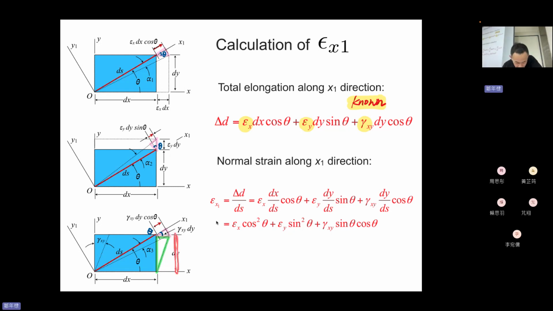this is dy, right? And this is gamma xy, right? The green triangle is gamma xy with the open angle times dy, the pizza shape length. So you can get this one will be gamma xy times dy.